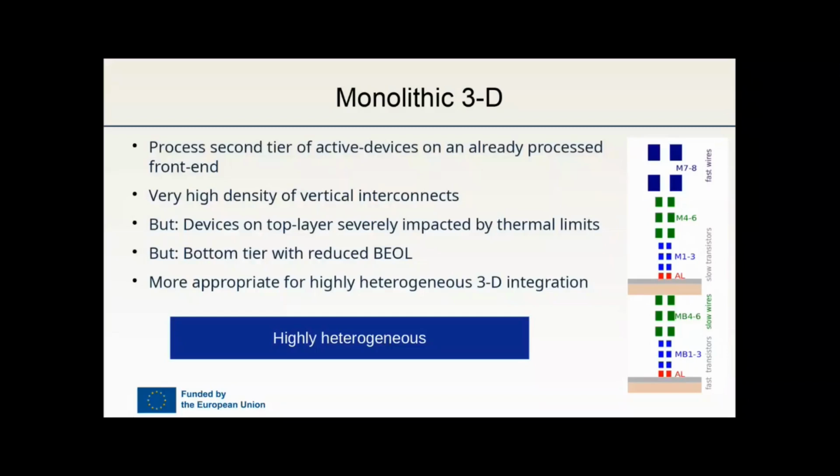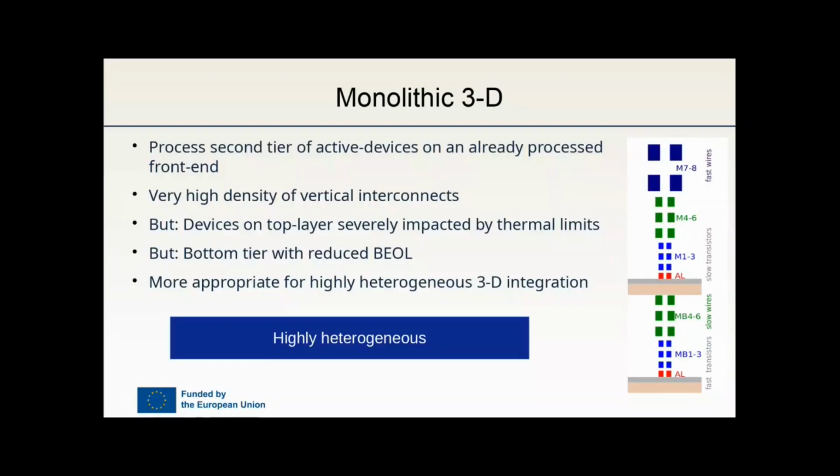Once we have implemented this low technology with the layers, then we would like to add another tier, and on top of that, to continue with the metallization. The advantage of this kind of technology is that by doing this, let's say, interconnect in terms of tiers implemented sequentially, we can get a very, very high density in terms of vertical interconnect.